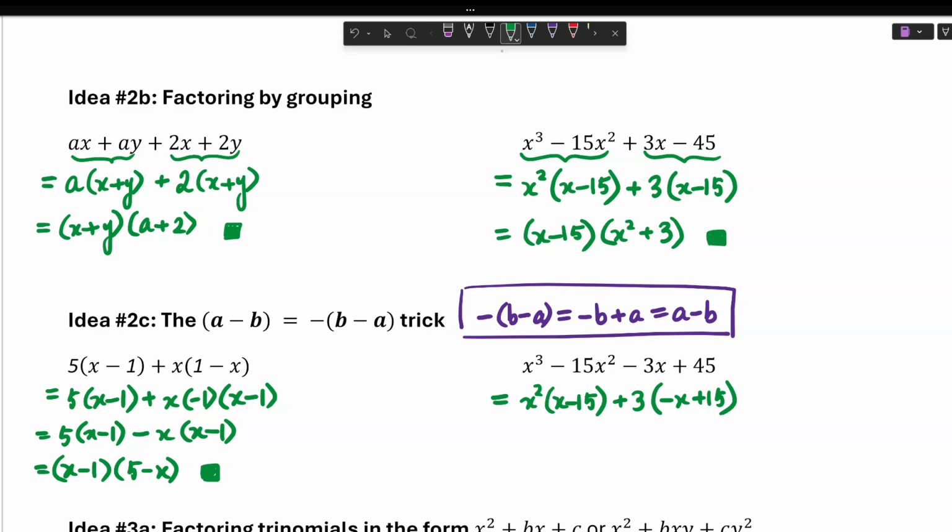Well, this second one, you can factor an extra negative. That's kind of the idea here. So instead of writing negative x plus 15, you can factor out a negative 3, and then it's positive x minus 15. Once you've done that, you can see x minus 15 as a common factor. So you get left with x squared minus 3 as the last factor.